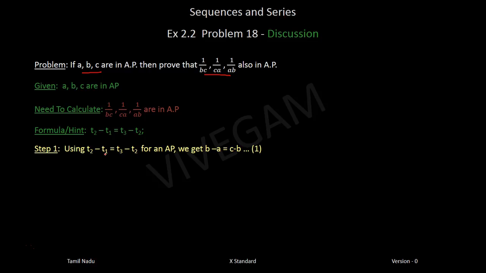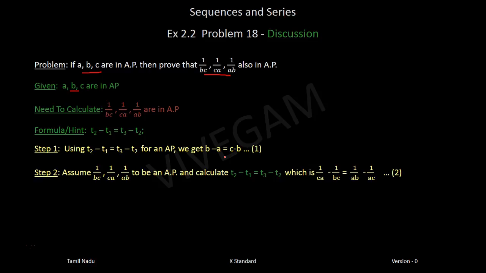So using this T2 minus T1 equal to T3 minus T2, for this series we get B minus A equal to C minus B. Then if this series is in AP, we know this minus this, that is T2 minus T1, 1 by CA minus 1 by BC, equals T3 minus T2, that is 1 by AB minus 1 by CA.